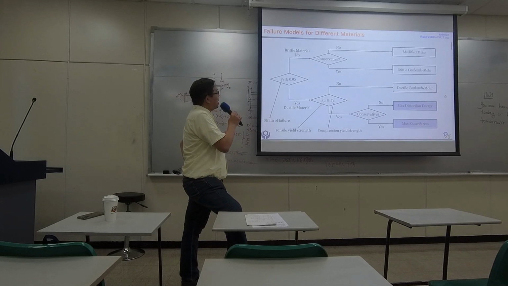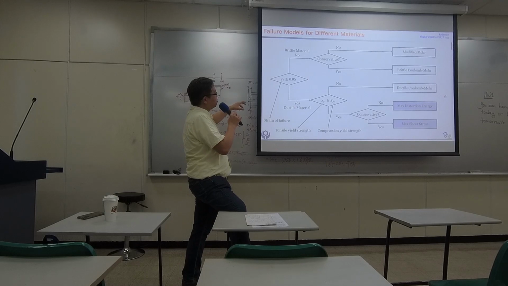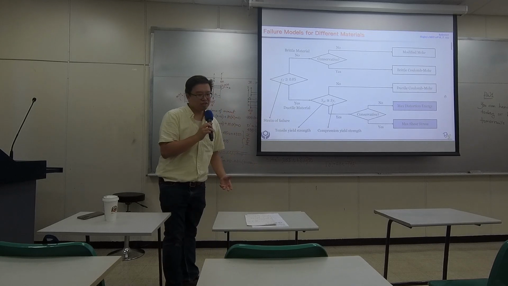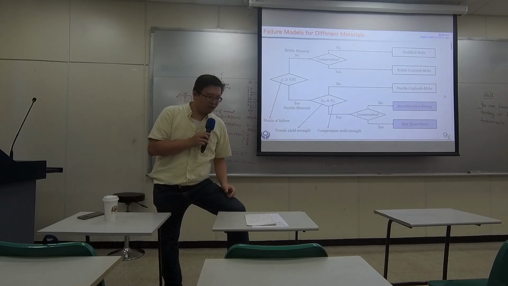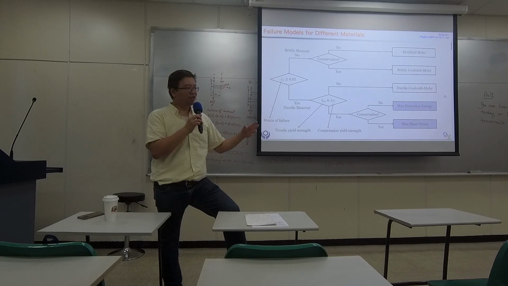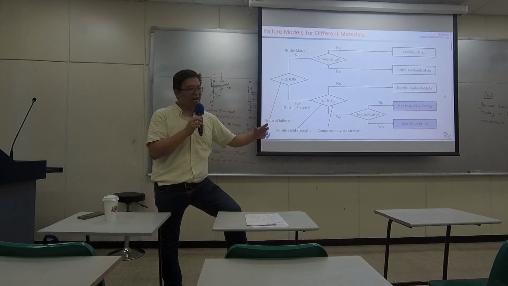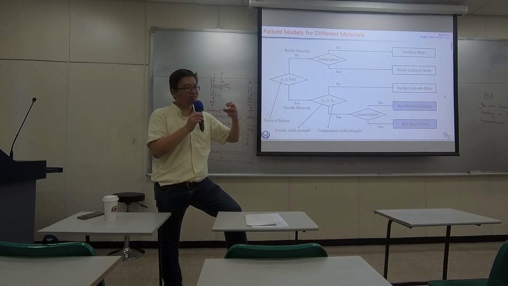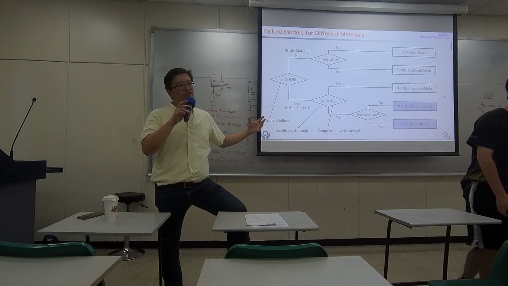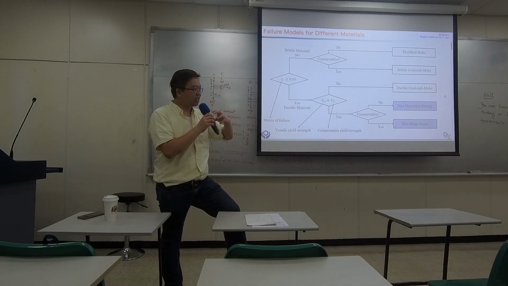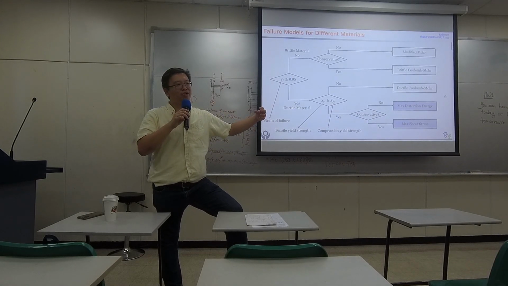So what's happening is, some materials are more brittle, others are more ductile. What's a brittle material? For example, glass. If you break glass, it basically shatters into small pieces. It doesn't elongate like rubber, okay?